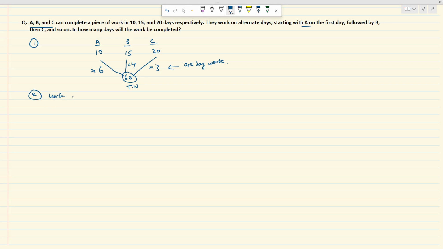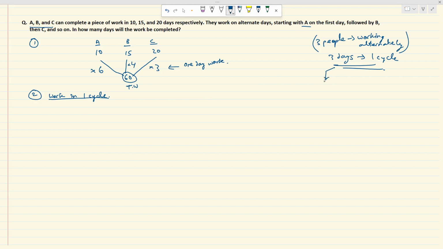Work in 1 cycle. Here we can see 3 people working alternately. So 3 days में एक cycle पूरा होगा मेरा इस केस में, राइट। वर्क इन 1 cycle, एंड वो 3 days कौन सा है? पहले दिन A काम करेगा, दूसरे दिन B काम करेगा, तीसरे दिन C काम करेगा। इन तीनों के काम का सम को एक साइकिल बोल रहा हूँ। तो वर्क इन 1 cycle क्या होगा?